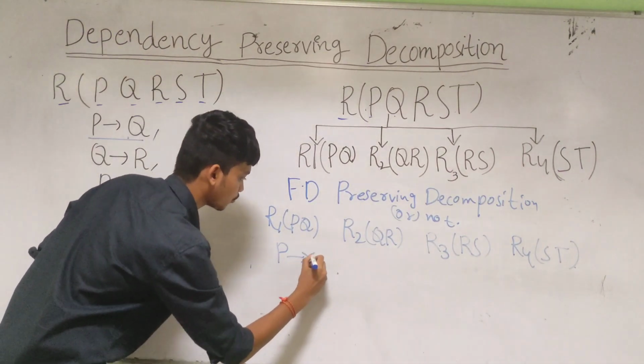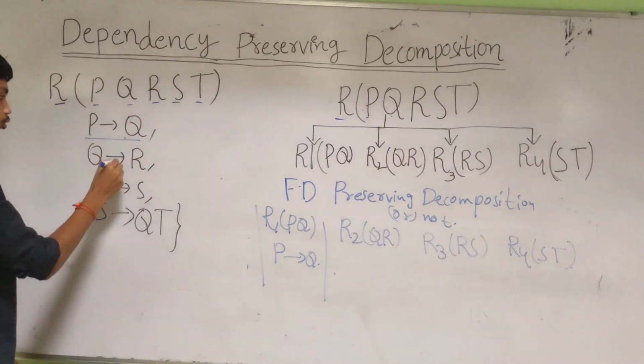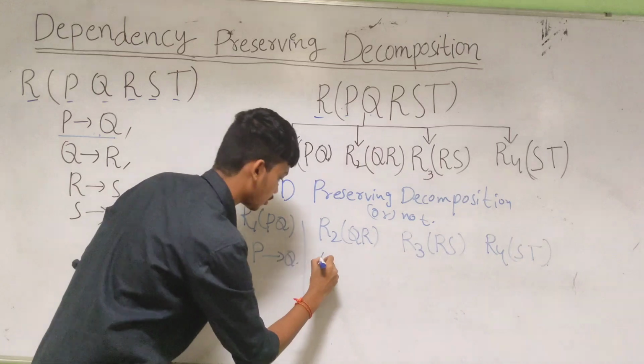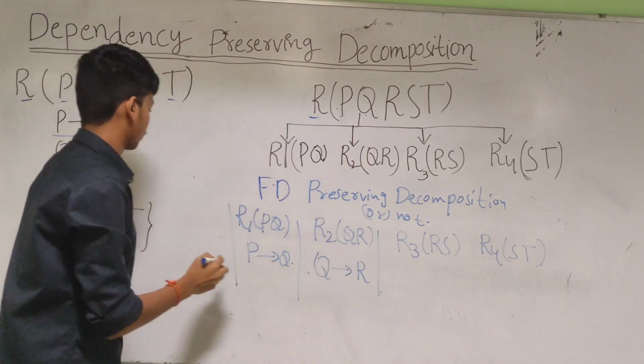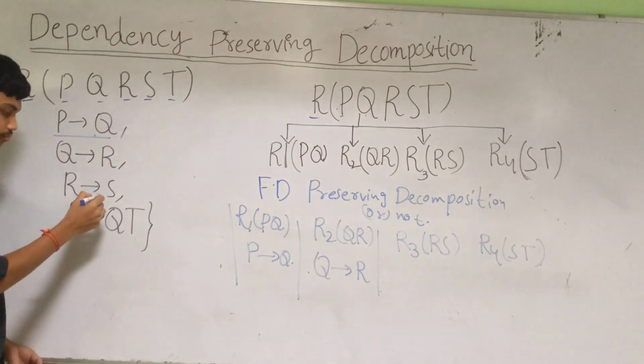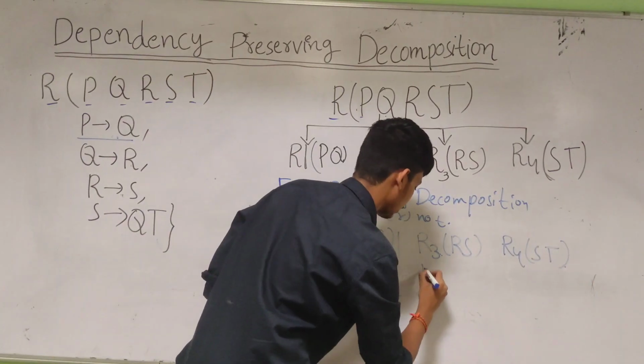Q to R will fit under this one. Now R to S, the third functional dependency, will fit under this one.